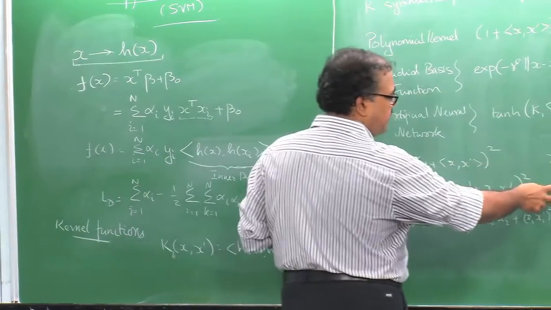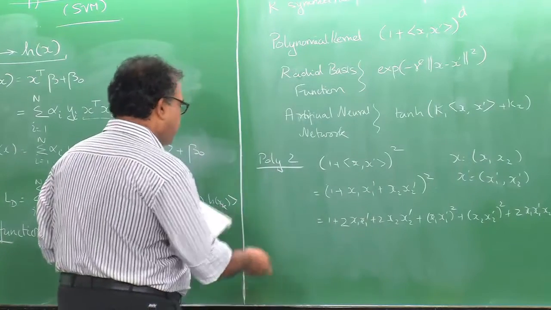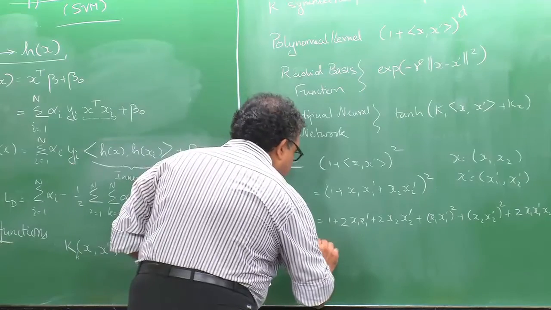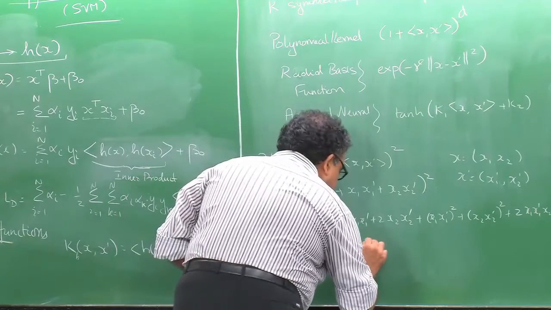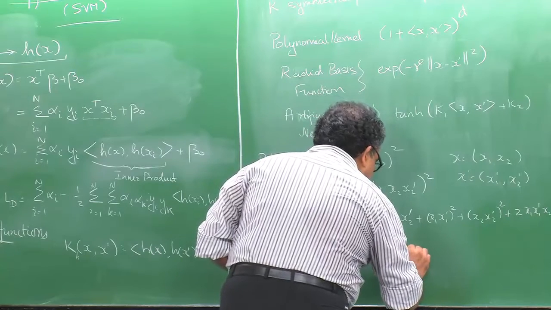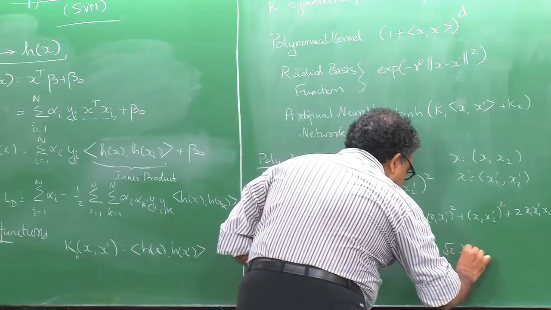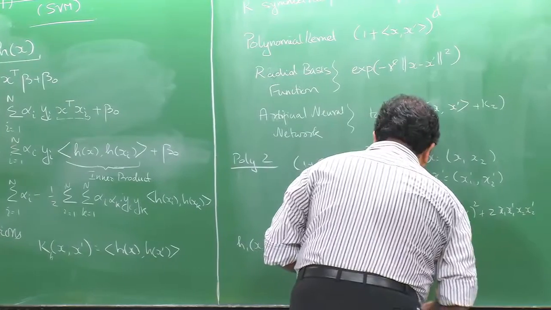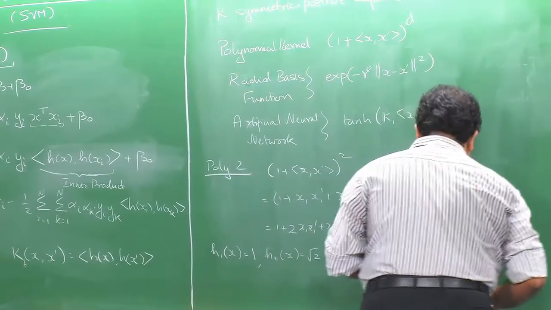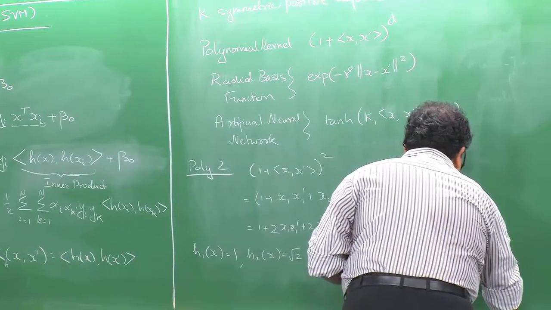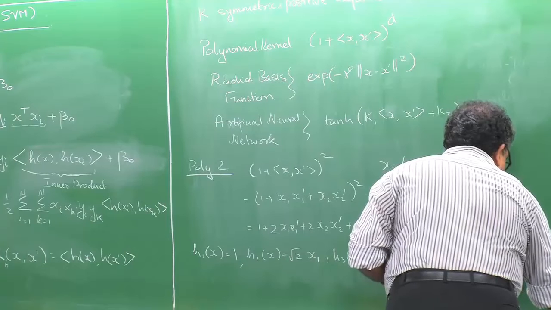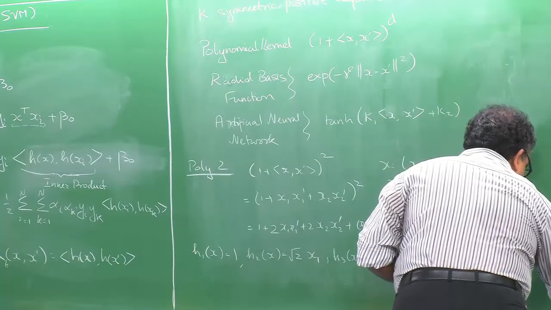Originally x and x prime were residing in a 2-dimensional space, but if you look at what is happening now, it is essentially something like this. h1 of x is 1, h2 of x is root 2 times x1, the first coordinate, h3 of x is root 2 times x2, the second coordinate, h4 of x is x1 squared, h5 of x is x2 squared, h6 of x is root 2 times x1 x2.